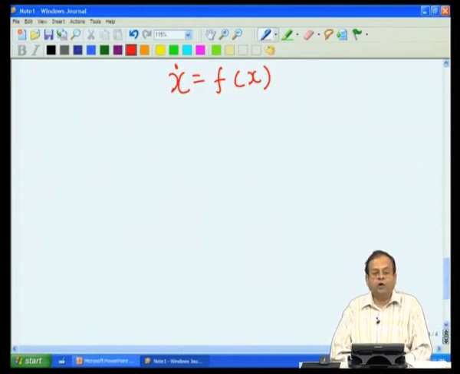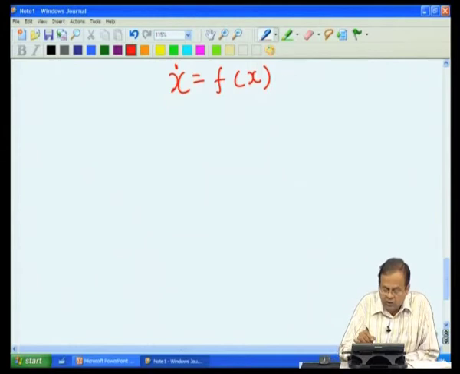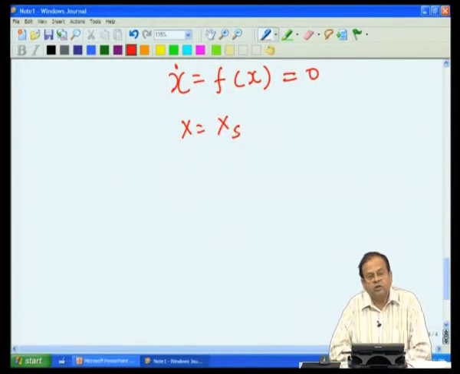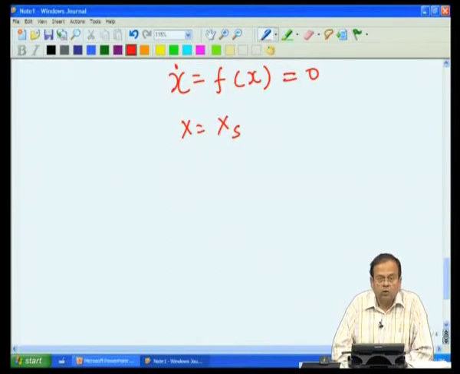So, we want to find the stability of the steady state, that is when x dot is equal to 0, when x at that time is some steady state x s. So, we would like to know how to find the stability of such a steady state.